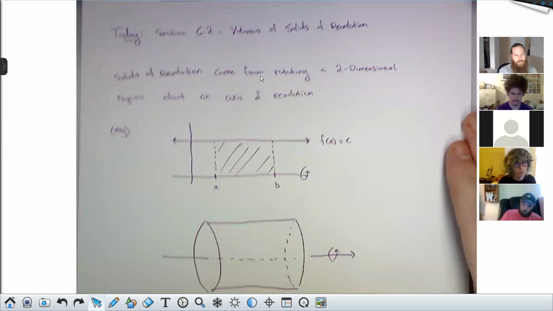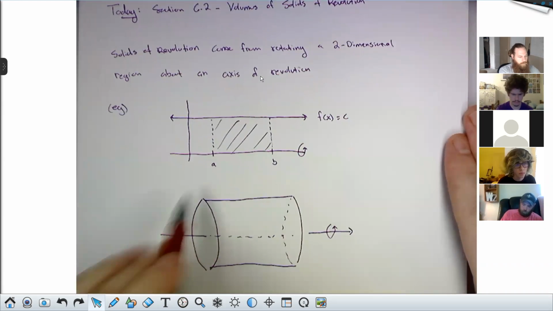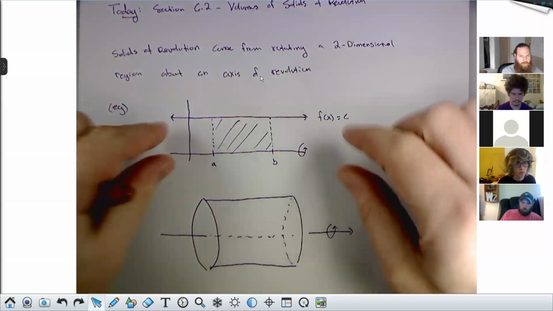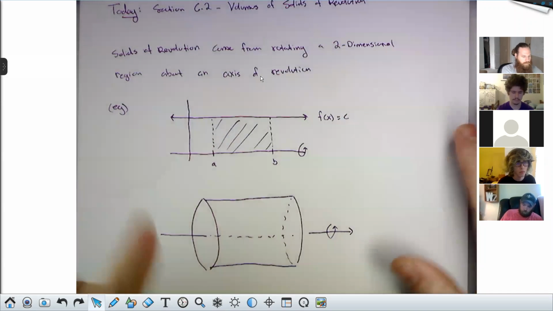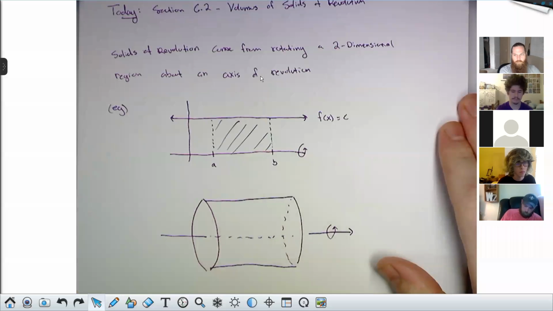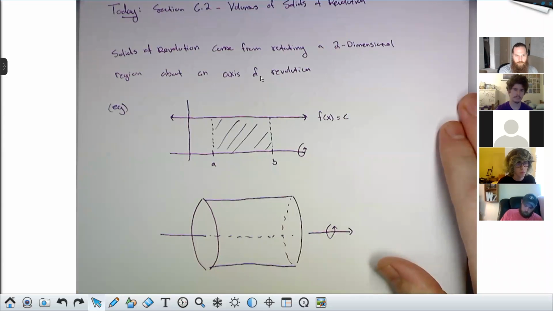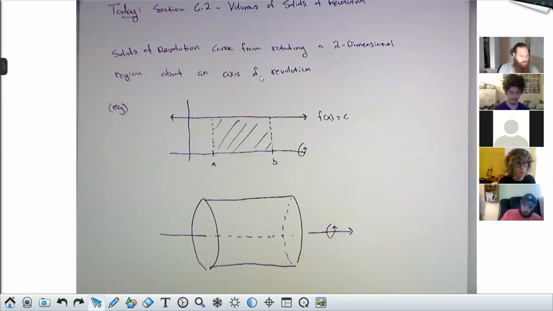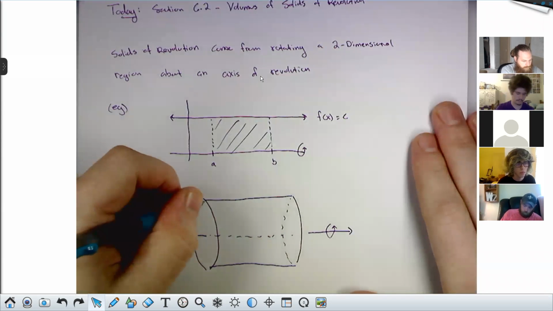Poking out like this. So do you all see how if you rotate something like this, you pick it up and you kind of spin it, you will get something that looks like this? Takes a little bit of work to visualize. You can kind of see this original region inside here.